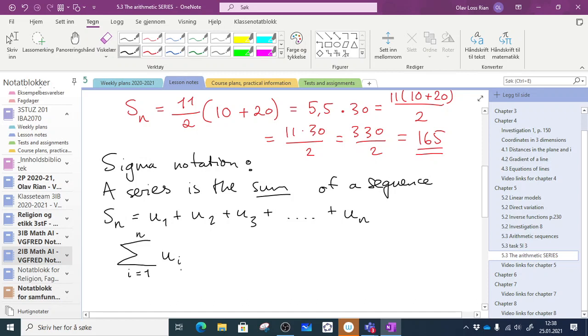And the value of i can change from the lowest number to the highest number. So we always write the lowest value of i here, and we write the highest value on top.